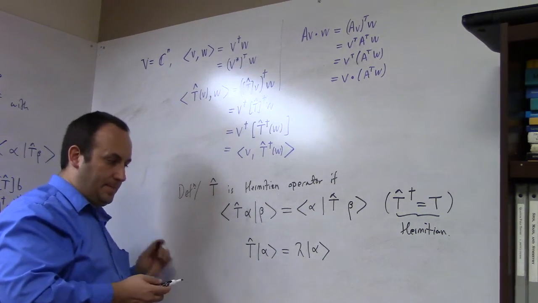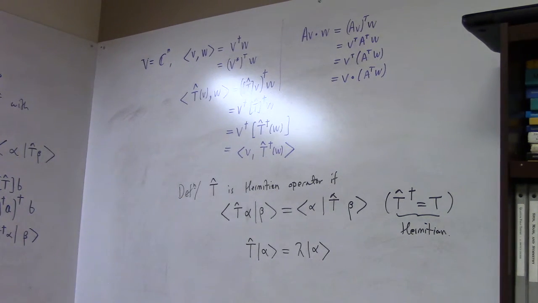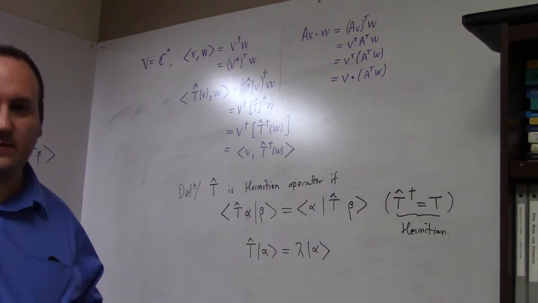Then what can we do? I could prove other things, you guys. If you have distinct eigenvalues, you get orthogonal vectors. And you could also argue that if you have a Hermitian operator, you can obtain an orthogonal basis of eigenvectors. It's a little bit more than that, though. That's the spectral theorem.